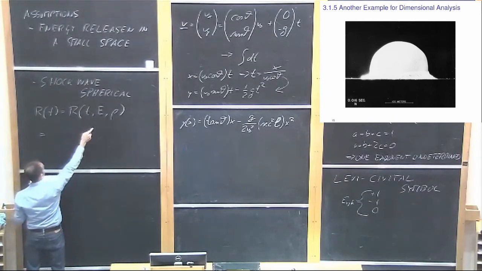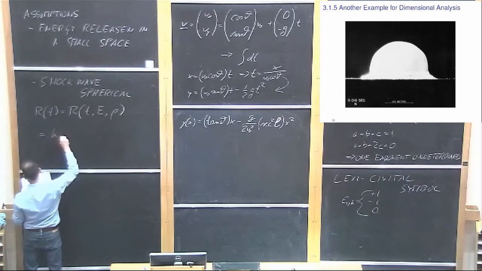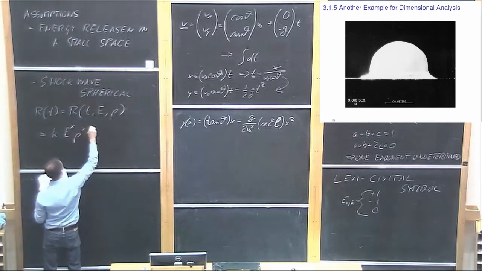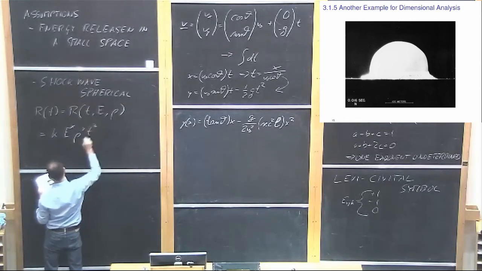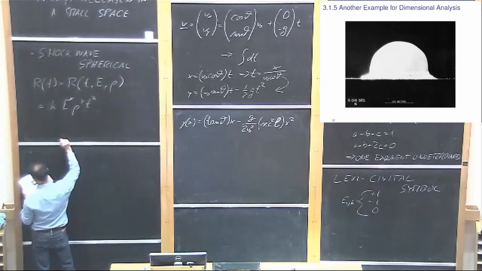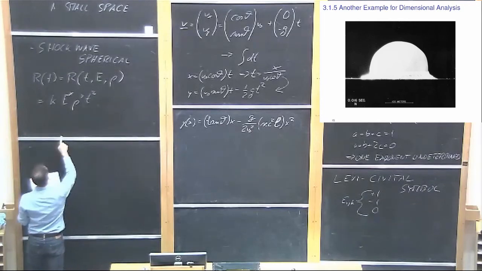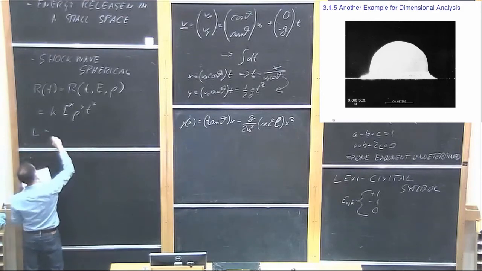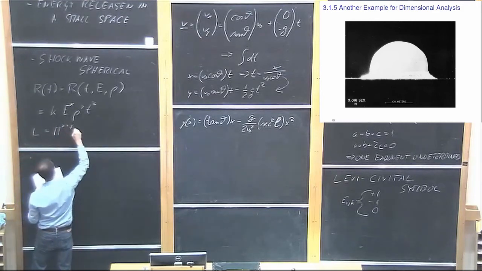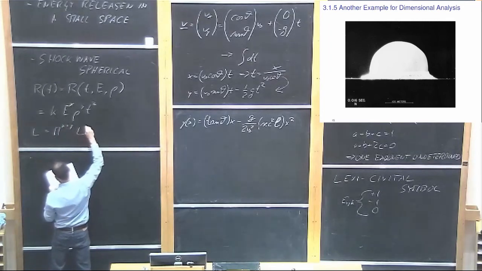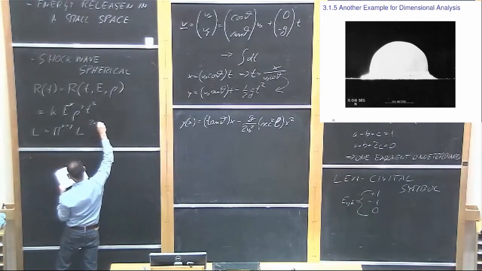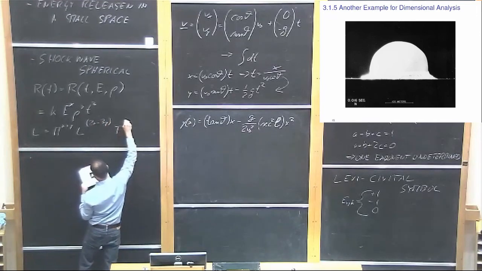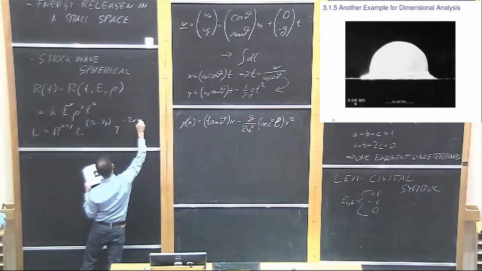So if I write our dimensionless constant, E to the x, rho to the y, t to the z, we can work out that the radius has dimensions of length: M to the x plus y, L to the 2x minus 3y. I've already collected the terms, T to the minus 2x plus z.